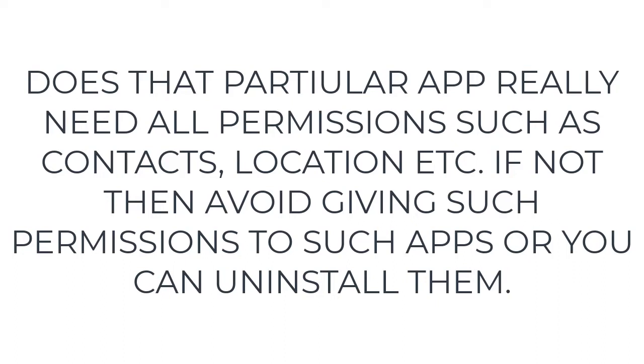You should find it out first. For example, see, there is a scanner app. A scanner app generally doesn't require location and access to contacts. Why does it want access to contacts? You should think before giving all the permissions to all the apps.